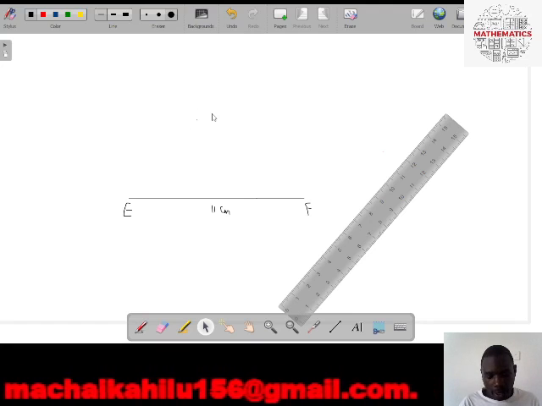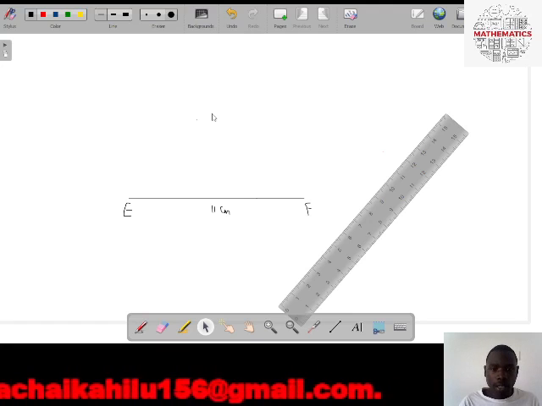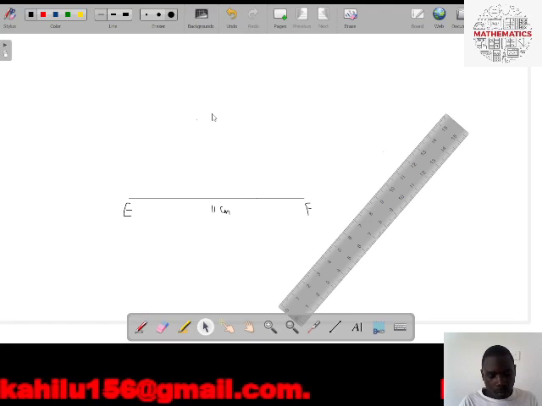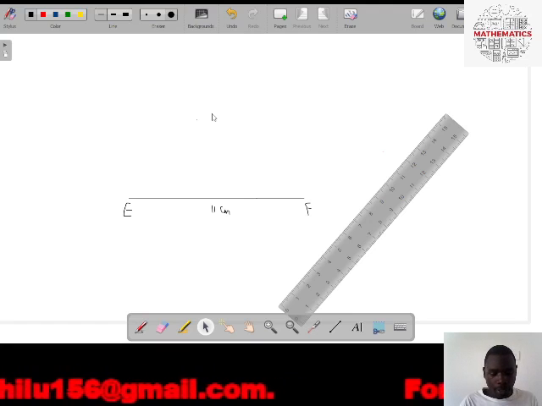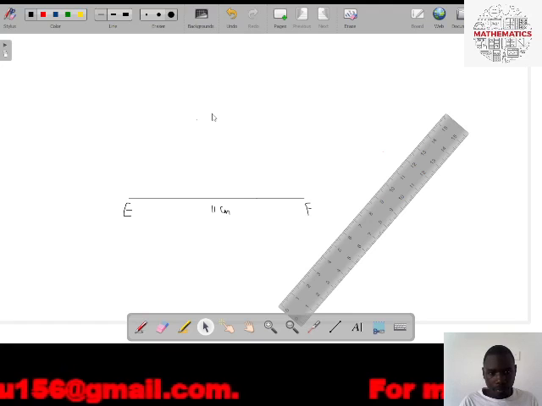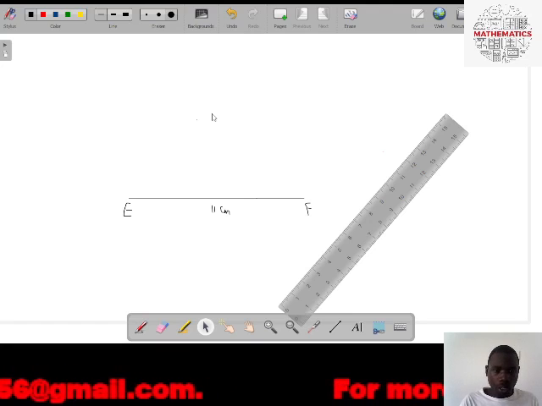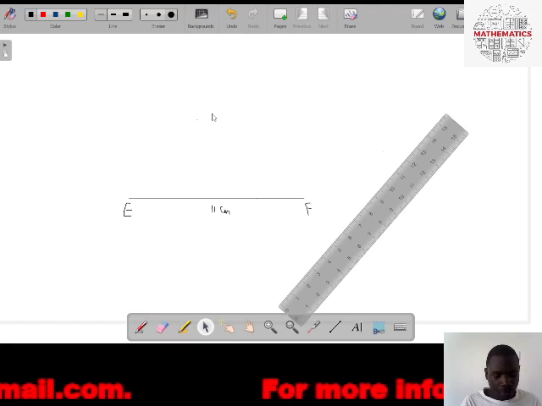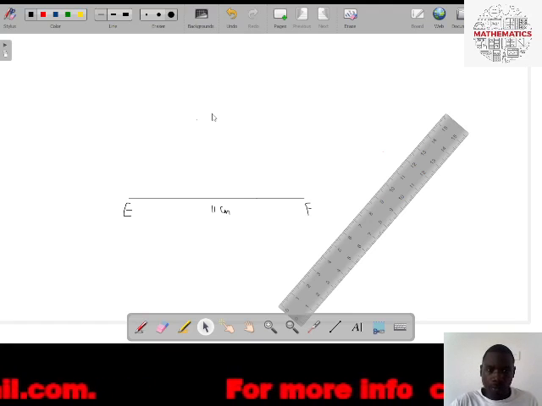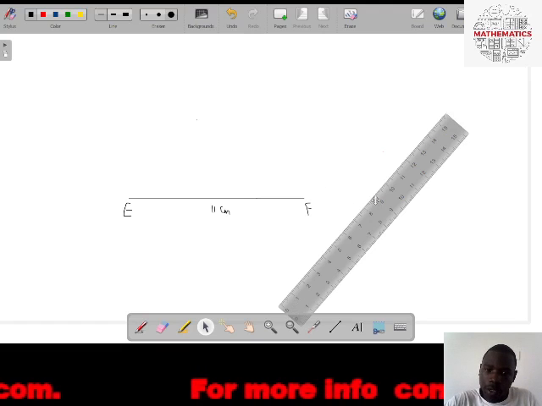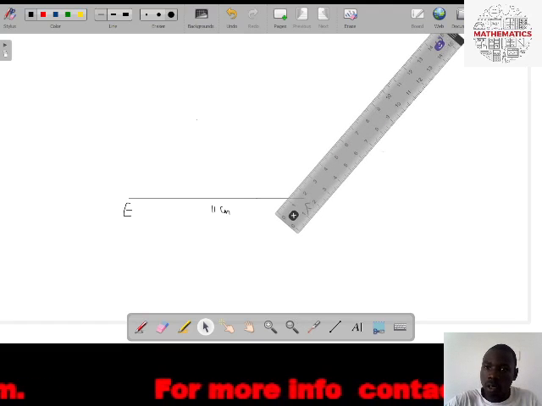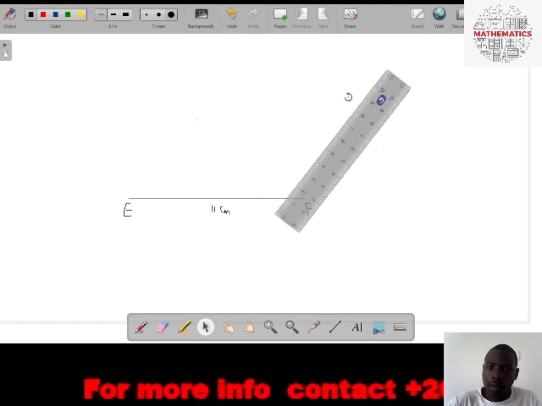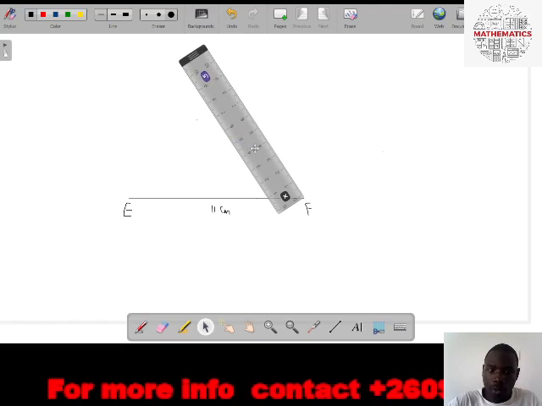And then they're saying GF is 10 centimeters. Okay. So let me just adjust it like this. 10 centimeters is there. Then I'll turn it like this also.